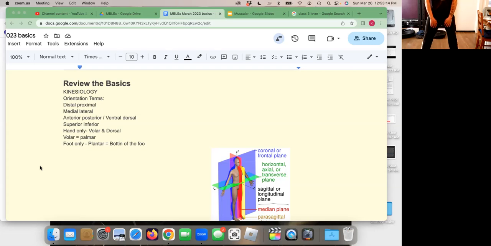So the adductor group is the most medial of the muscles, and the IT band, the TFL, those structures are the more lateral. The vastus medialis is the most medial of the quadriceps group. The vastus intermedius is in the middle, and the vastus lateralis is the most lateral of the group.